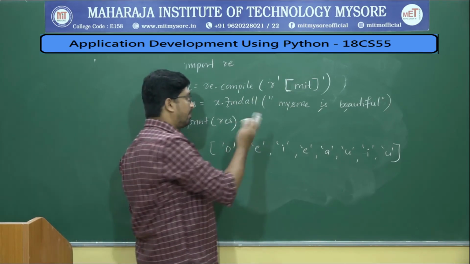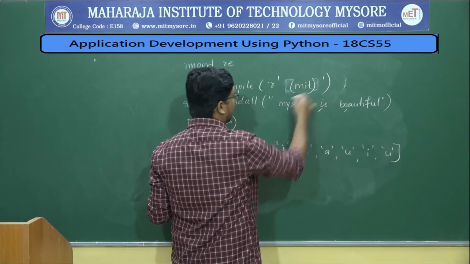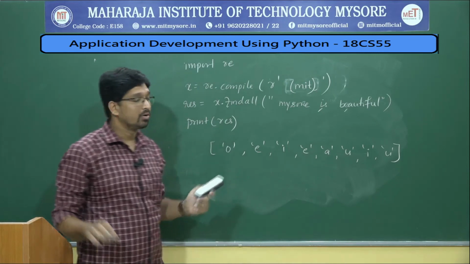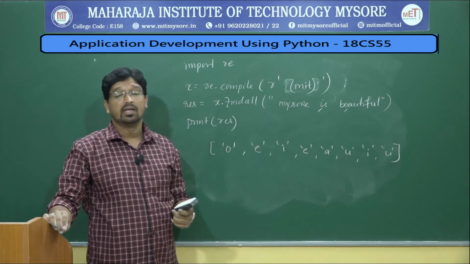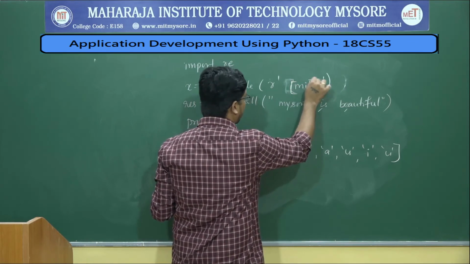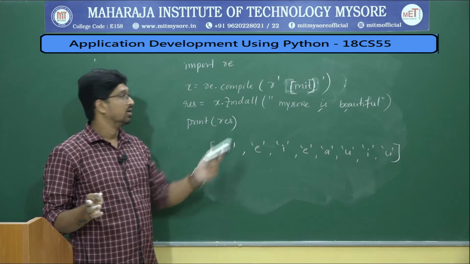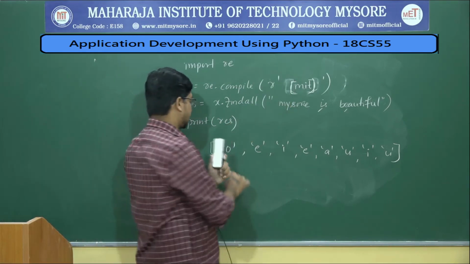If you want to match MIT as a group, then you need to write it as one group like MIT. Then it will match the word MIT. But now if you write a square bracket, it will match as a character set.